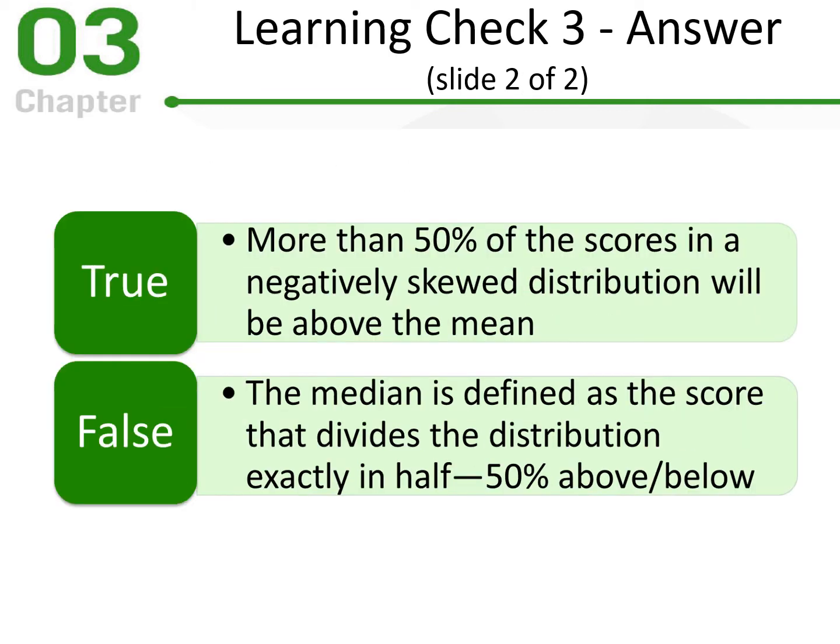Of course, the mean could be in any tail, and you could have very few scores below the mean and the vast majority of scores above the mean, or vice versa if it's positively skewed. I mean, think about the income in America that I talked about. In the US, the mean is going to be really pulled far to the right because of the billionaires, the top 1% of the country making all the money.